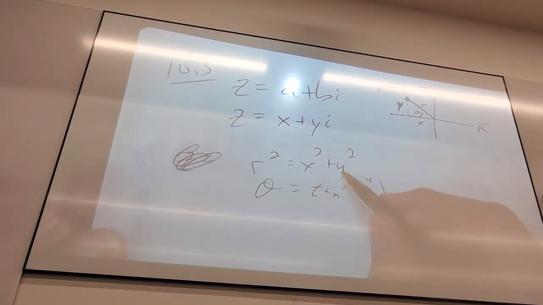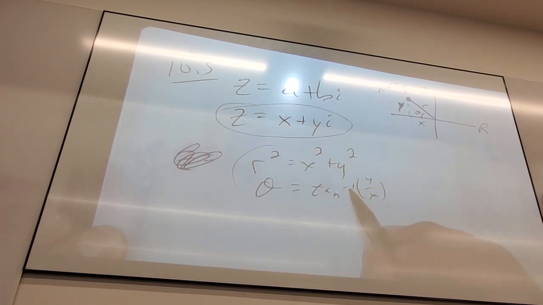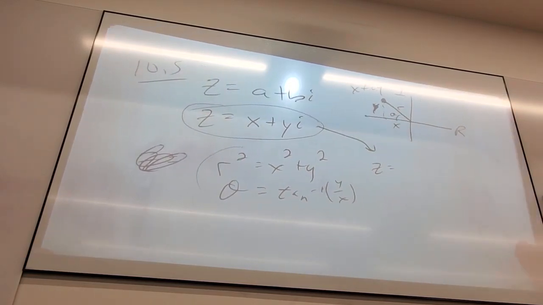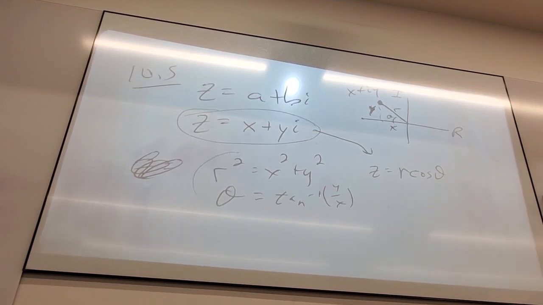So if I'm given a complex number in this form, I could figure these out this way. But another way to think of it is, what is x in polar coordinates? R cosine theta. Cosine, because cosine likes x. See, that's why that helps. That helps forever.